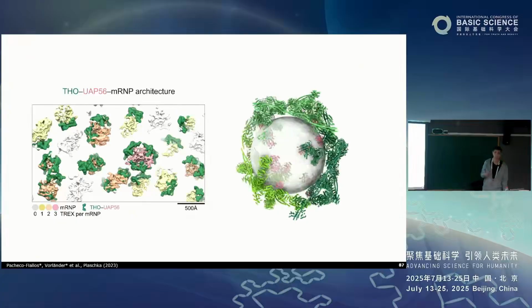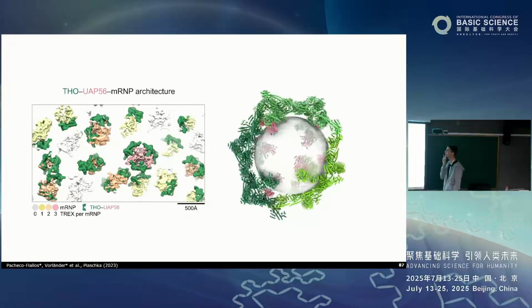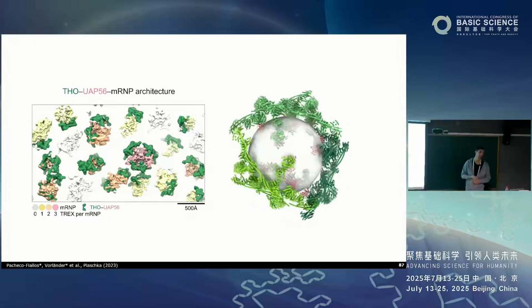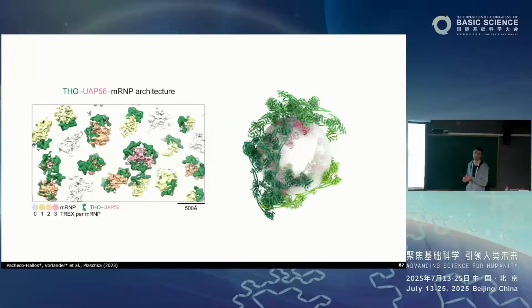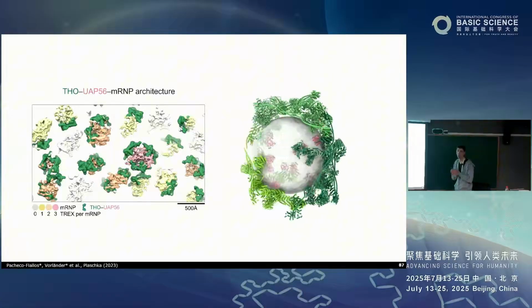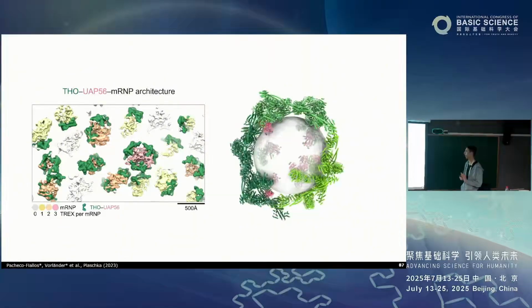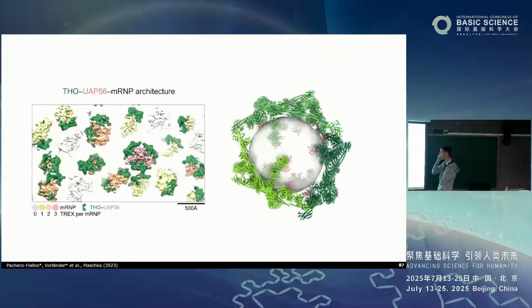And then finally, another flexible object that we're addressing with these techniques, because what I do think is that there's a lot of space for these techniques to work on flexible, inhomogeneous objects that are not addressable with cryo-EM or other techniques. And so what you see here is RNA particles.